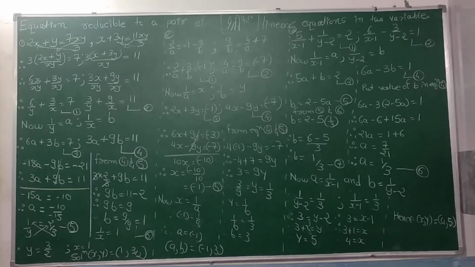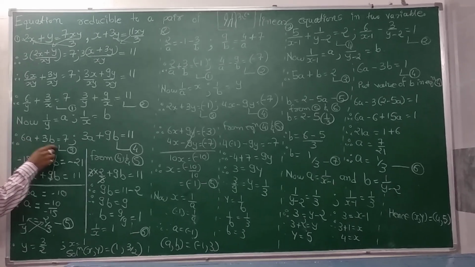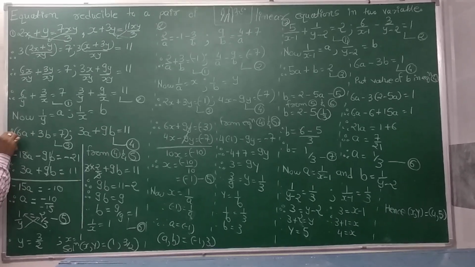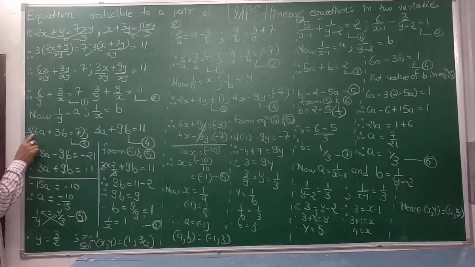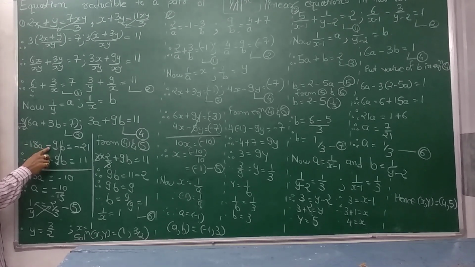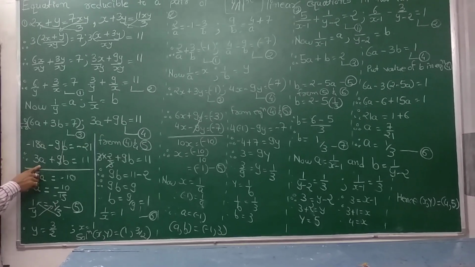Now I am using the elimination method. Here equation 3 is multiplied by minus 3. So equation 3 becomes minus 18a minus 9b is equal to minus 21, and equation 4 as it is.